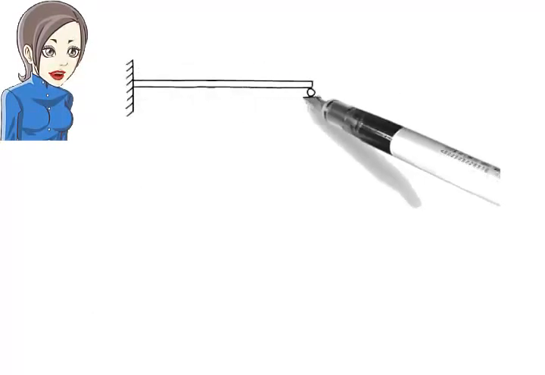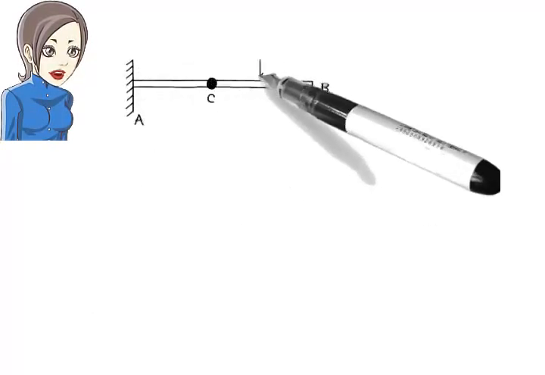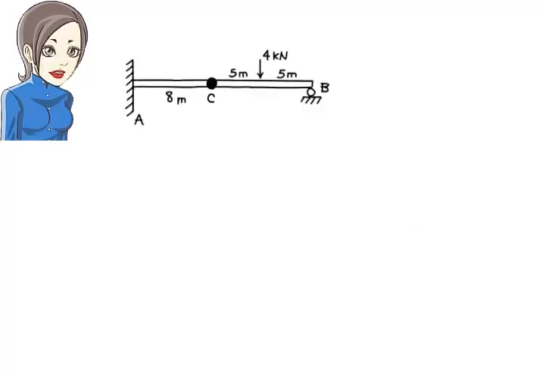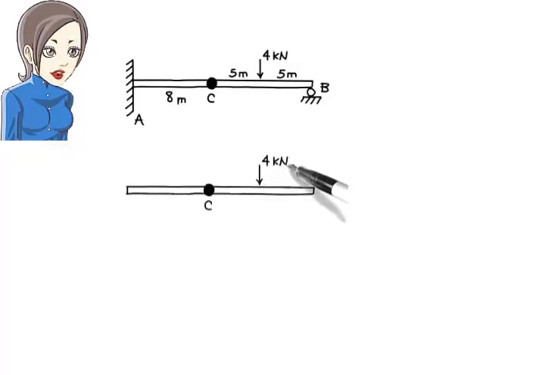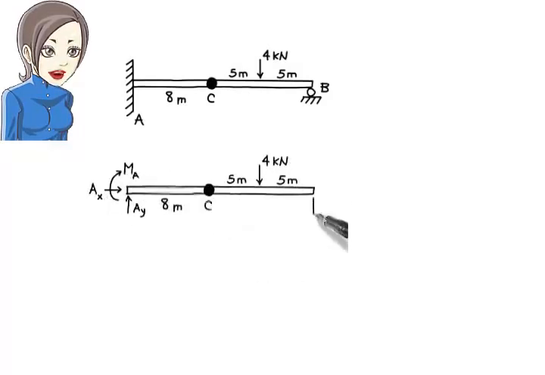Consider this beam. It is fixed at the left end and rests on a roller support at the right end. The beam has an internal hinge at point C. The structure has 4 unknown support reactions, 3 at the fixed end and 1 at the roller end. Although we can write 3 equilibrium equations for the entire structure, we cannot solve them for the unknowns, because we have only 3 equations but 4 unknowns.